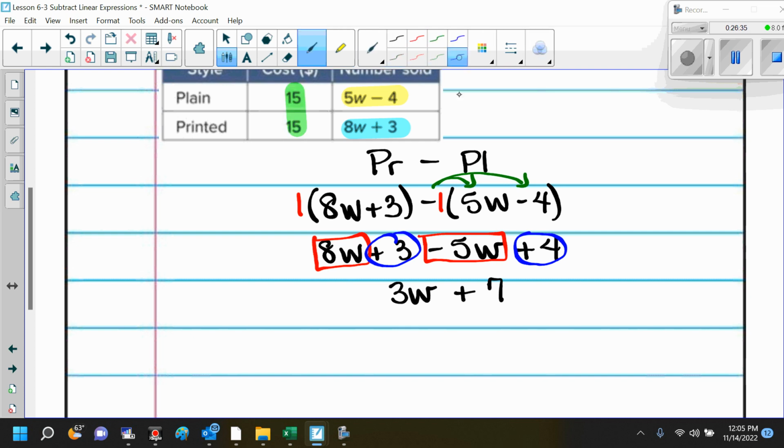So we're going to substitute 15 in for W. So we've got 3 times 15 plus 7. So 3 times 15, of course, is 45. Plus 7 is 52. So she earned $52 more selling printed t-shirts.